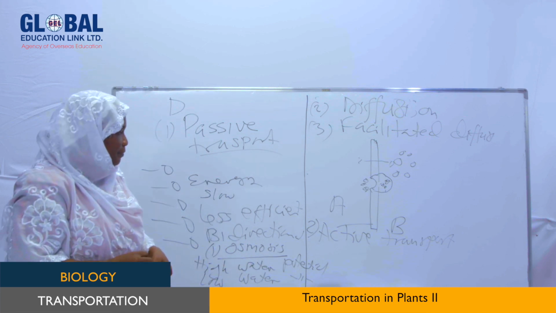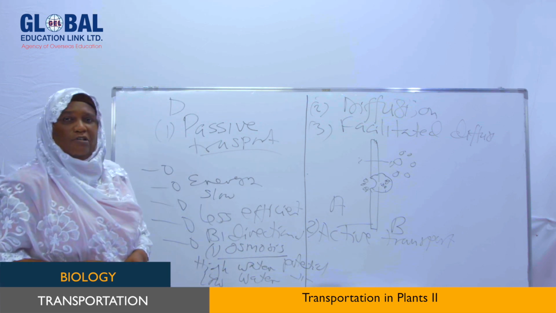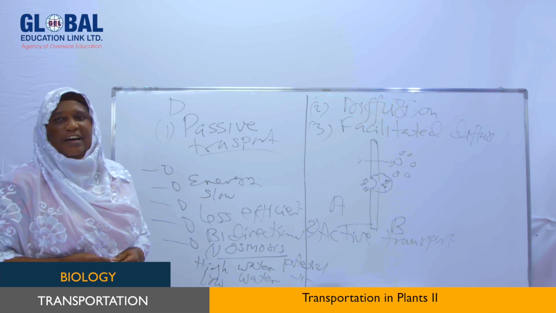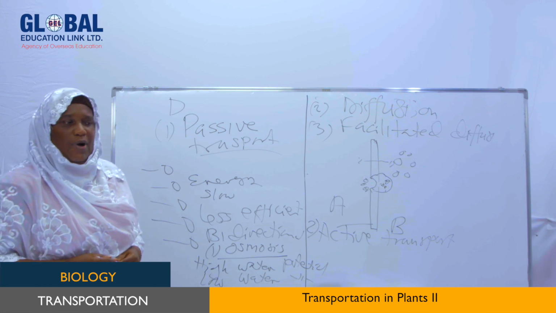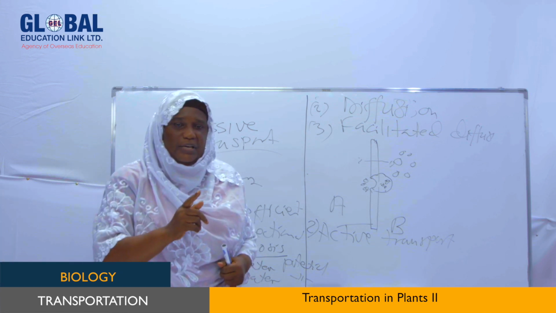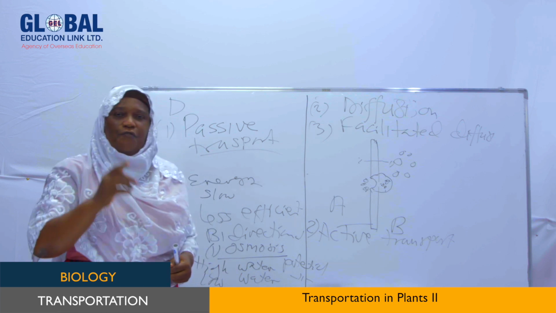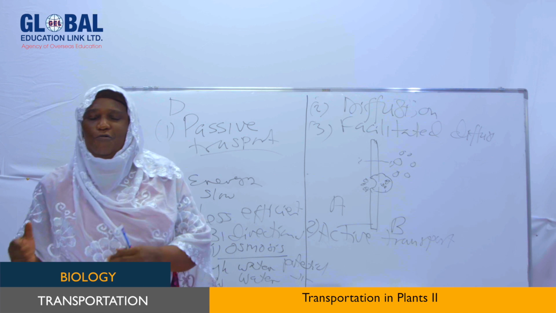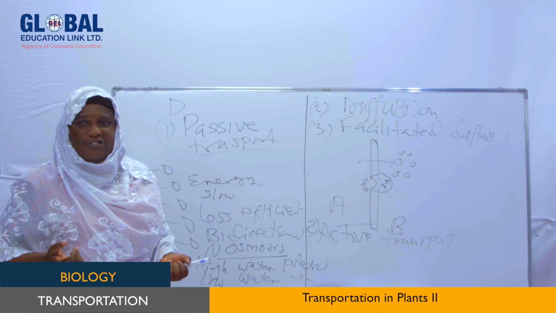Active transport allows materials to move against the concentration gradient. When I say against the concentration gradient, it means materials move from the area of low concentration to the area of high concentration.